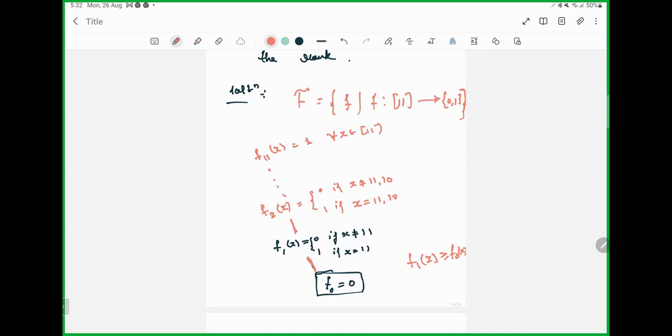Now you can make some other change, like I started with 11, you can start with some arbitrary element, but every maximal chain you can extend up to length 11, because any function you give will take value 0 at some point and 1 at some point. So this will lie somewhere in between this chain. So you can make this chain maximal.